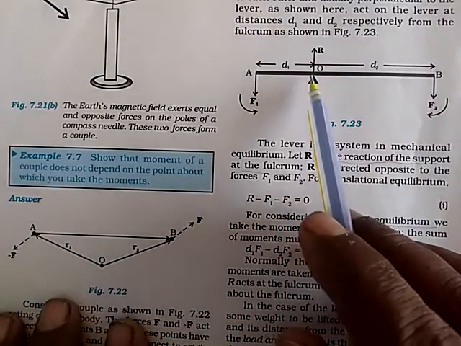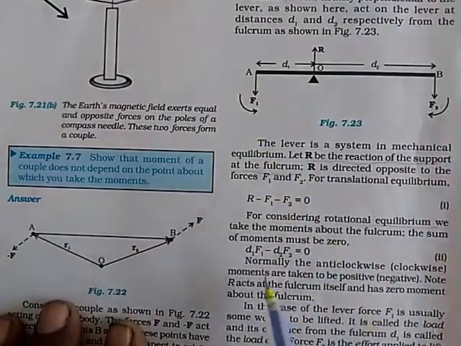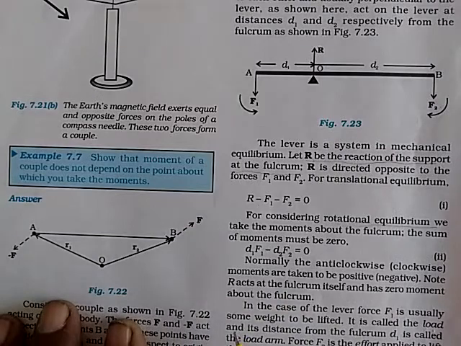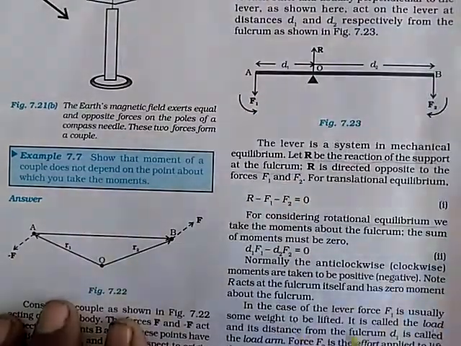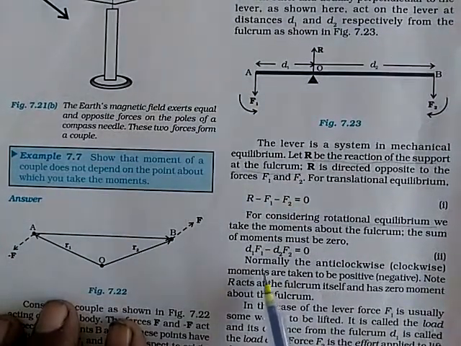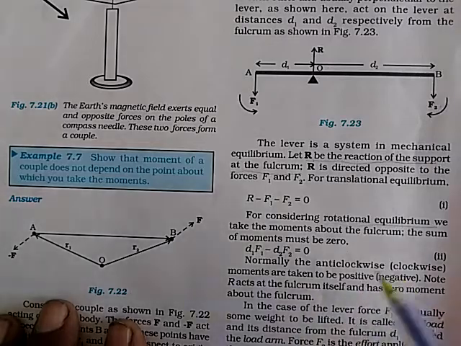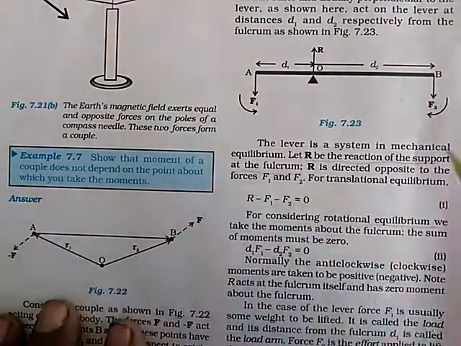We have two notations. One is anti-clockwise is positive, and clockwise is negative. So if you see, this is clockwise, whereas this is anti-clockwise. Normally the anti-clockwise moments are taken to be positive.